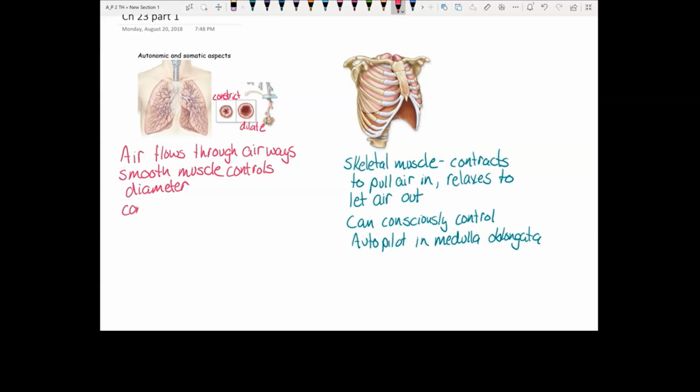Okay, so if they are constricted, then you get less air with each breath. And if they are dilated, you can get more air with each breath.